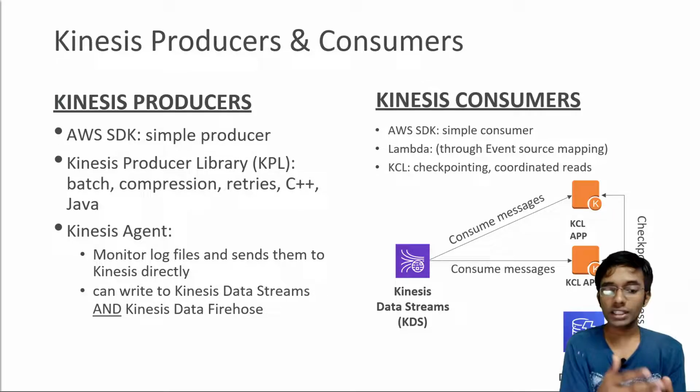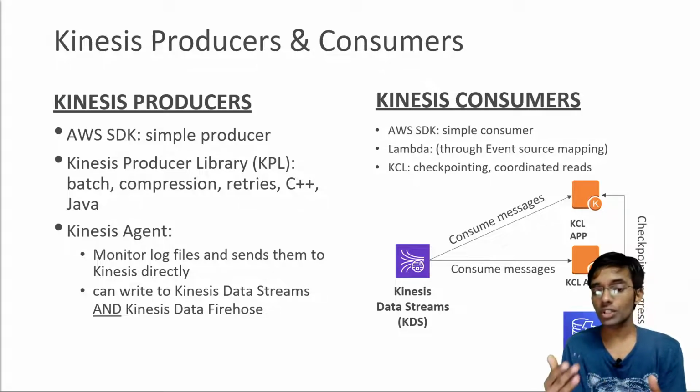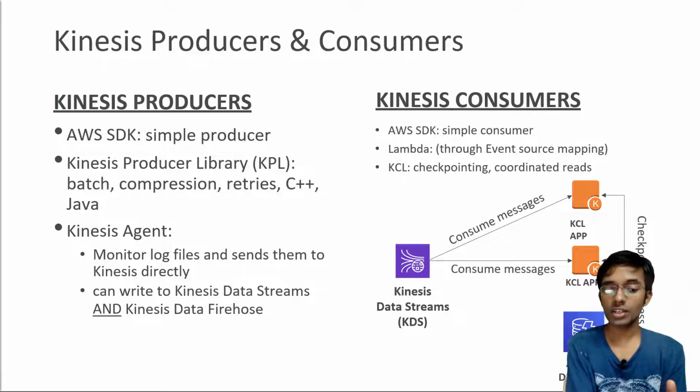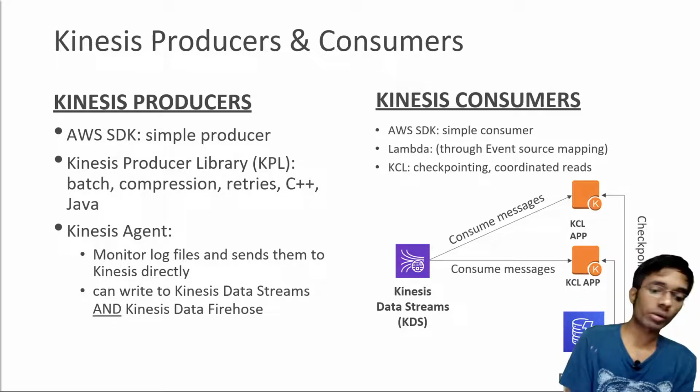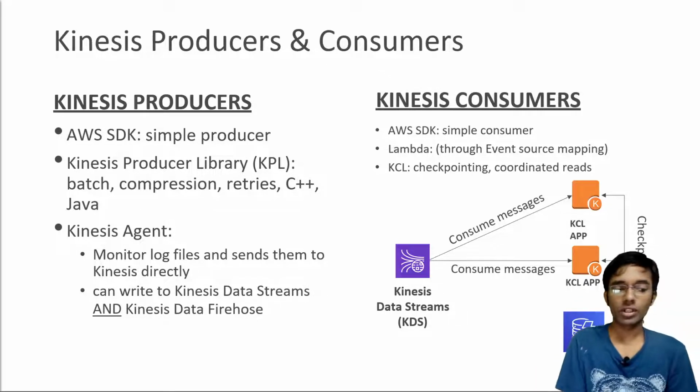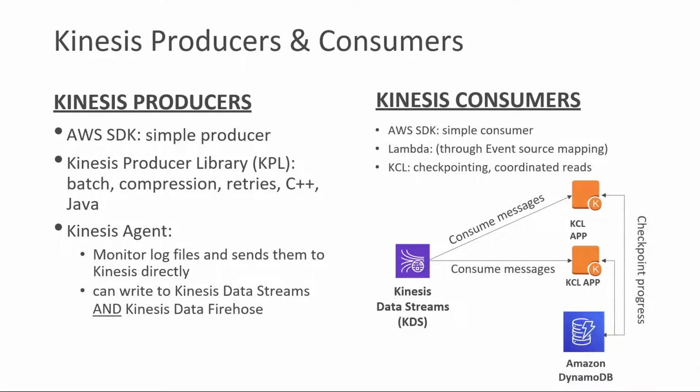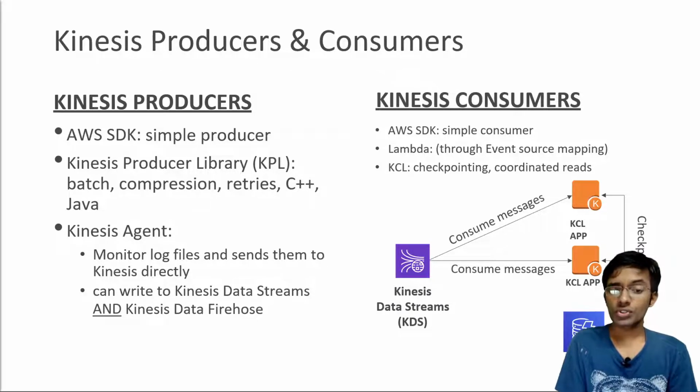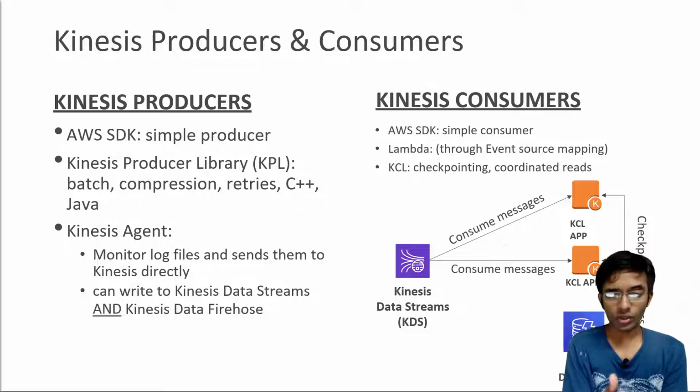That KCL app is going to consume messages from the Kinesis data stream, and once in a while, because it has done some work and consumed messages, it's going to checkpoint its progress into Amazon DynamoDB. So it's going to checkpoint that progress to say, okay, in this Kinesis data stream, in this shard, I have consumed everything up to that point.